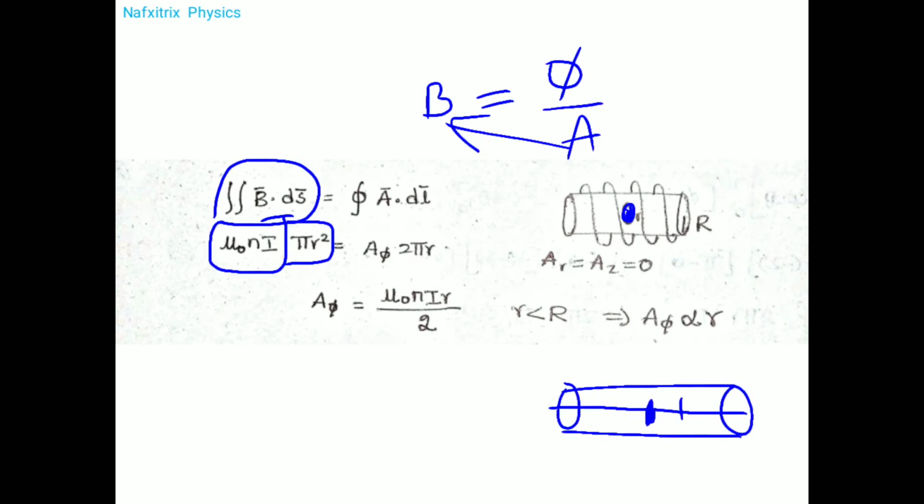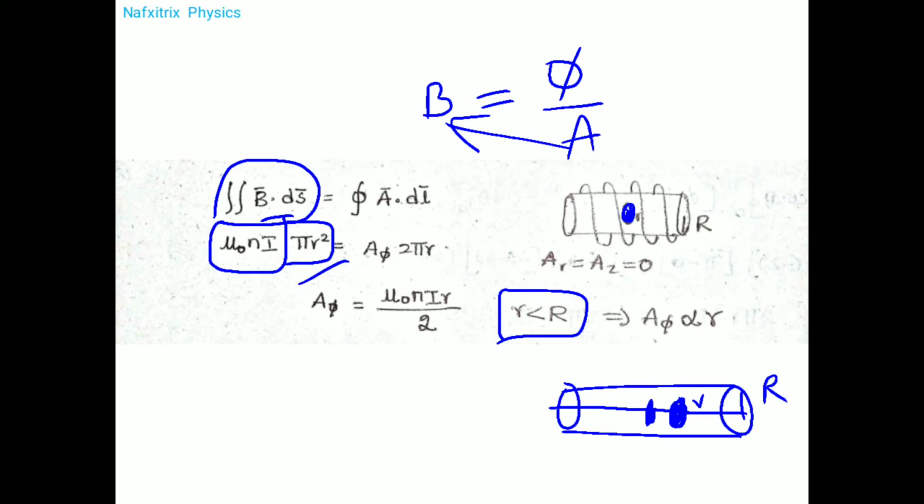At a particular distance r, actually the radius of the solenoid is capital R, but as we are finding it inside the solenoid, small r is less than capital R. So from here we have some particular area, that is nothing but pi r square inside that solenoid. Hence mu 0 nI into pi r square.